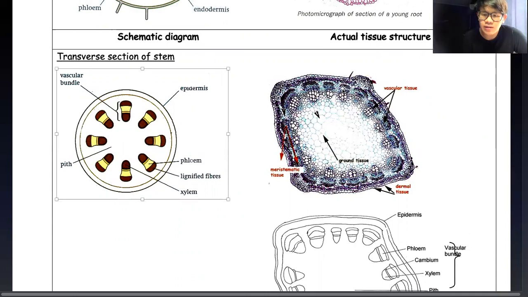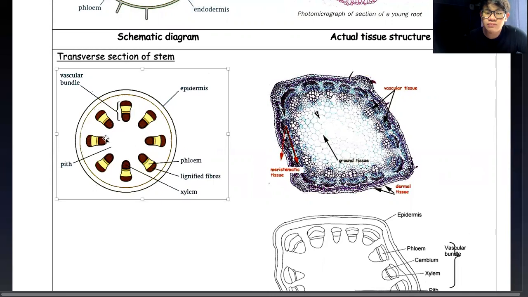There are three layers: 1, 2, and 3. But the ones that we are interested in are the xylem and the phloem. So here, xylem and phloem. Now, which is the xylem? The xylem is the innermost layer. Here.